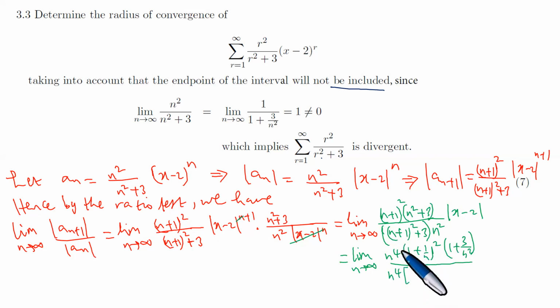Pulling out an n out of this is going to yield 1 plus 1 over n squared, and 3 over n squared.